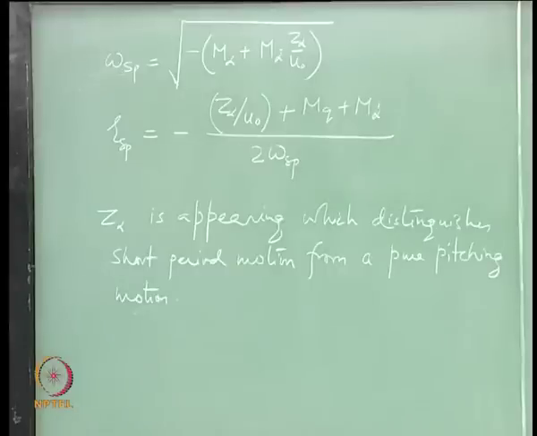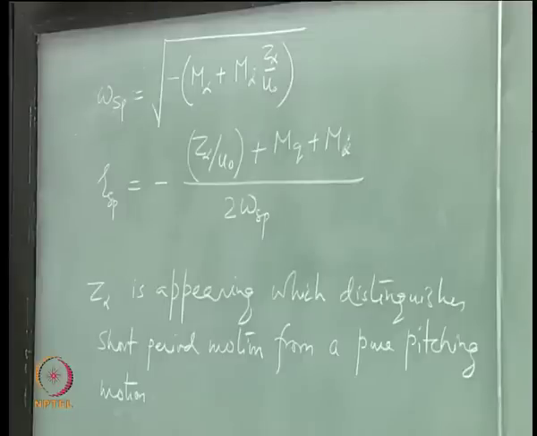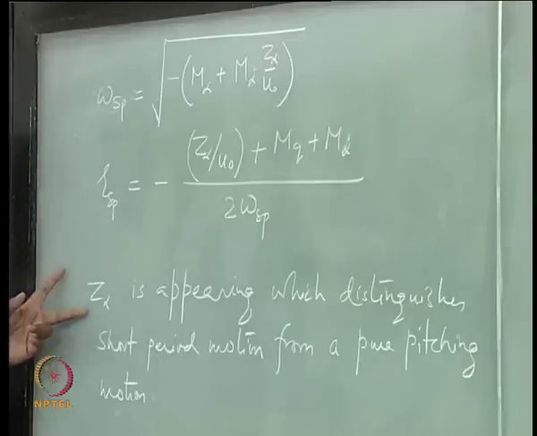So there are other, newer models for short period and phugoid motion, where the phugoid is seen as an ensuing motion when the short period ends.